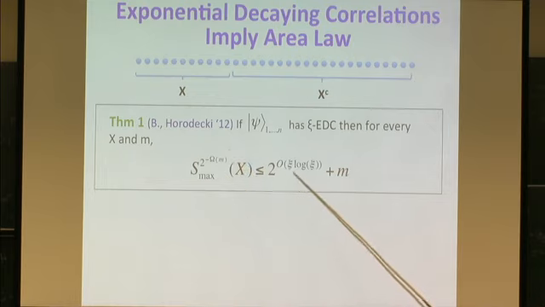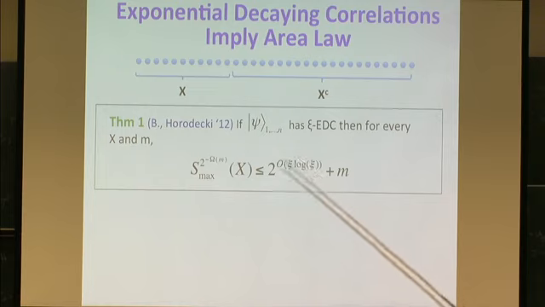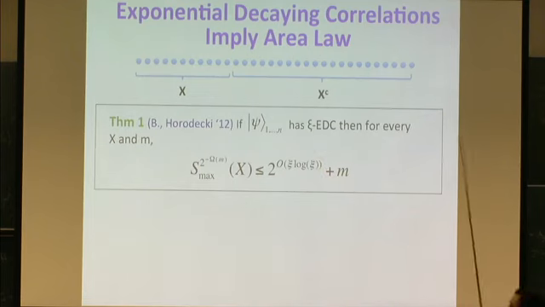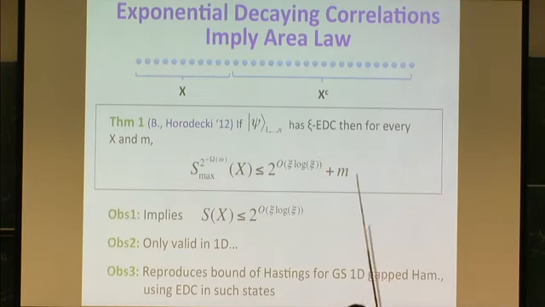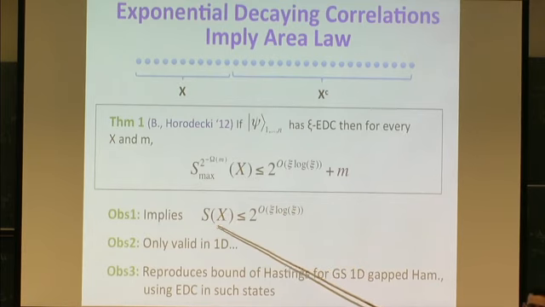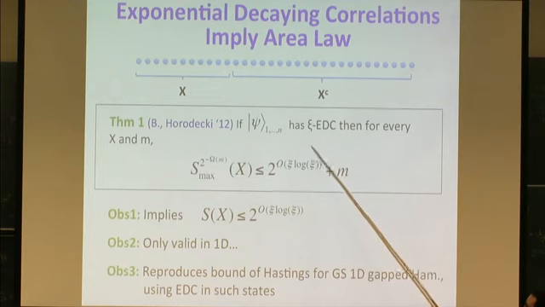It only depends on the correlation length exponentially, plus this m you can choose. This m just gives a trade-off between the error and the price you pay. This version is stronger than just the area law for von Neumann entropy, which it in particular implies.